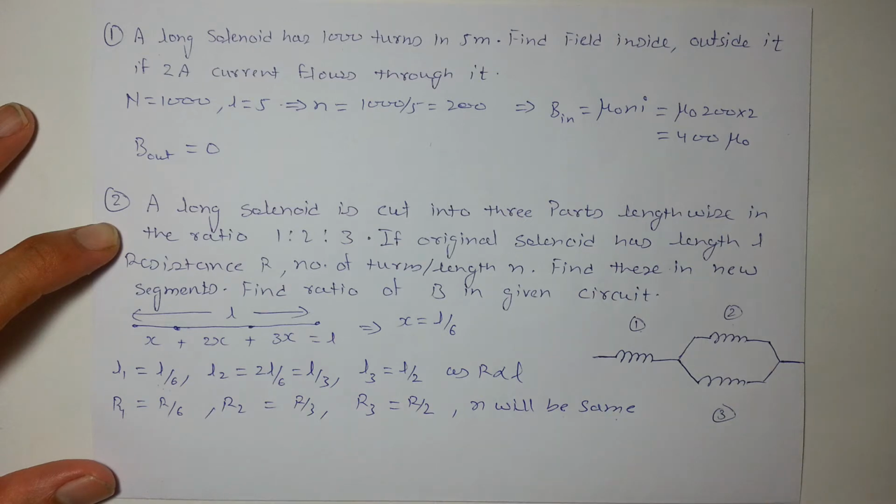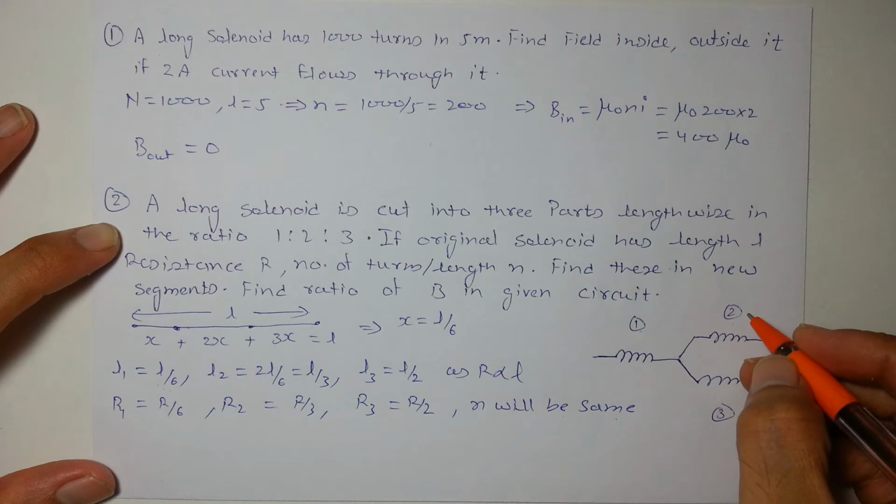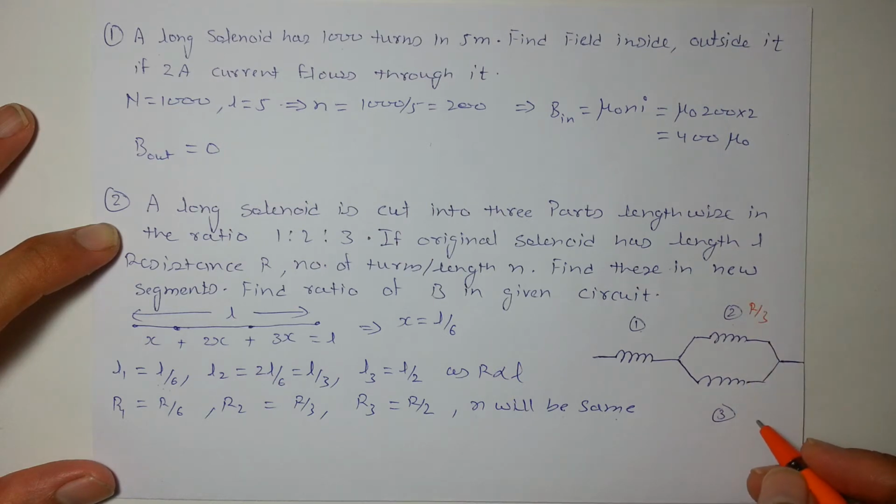So in the given figure, let's say we know that this resistance is R/3, this resistance is R/2, so the ratio is 2:3.